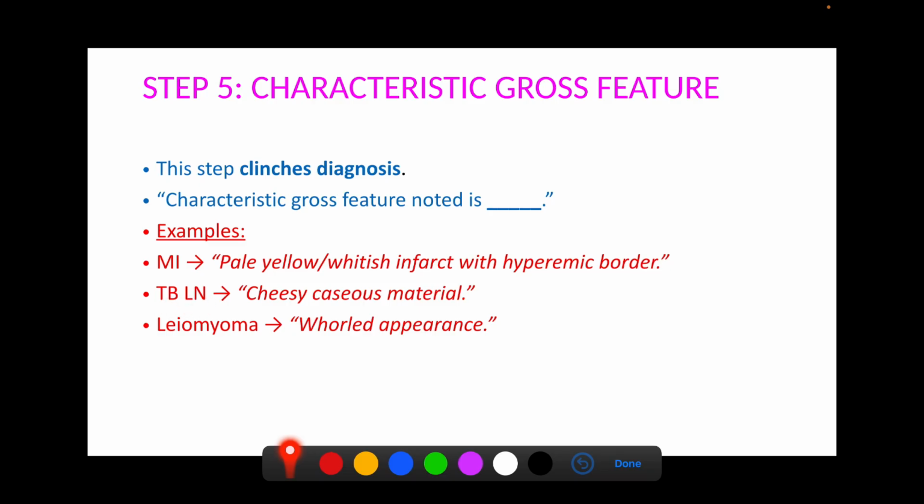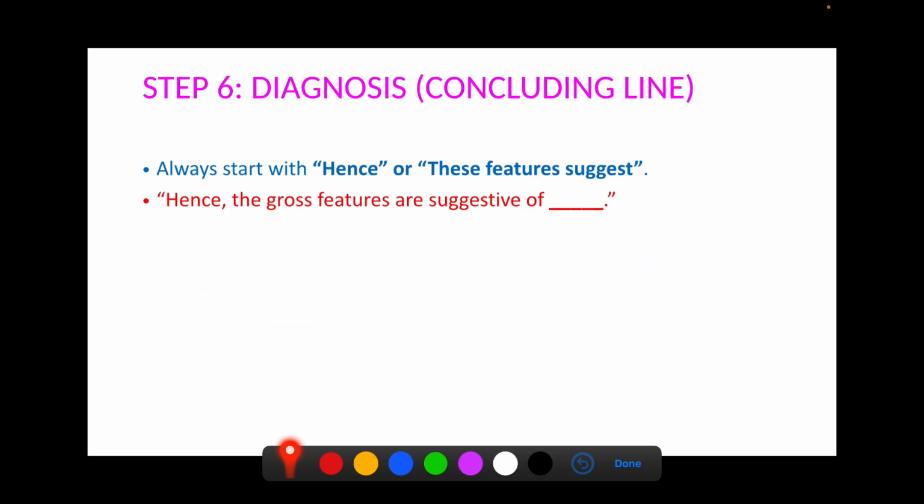Tuberculous lymph node is there, you will see cheesy caseous material. Like leiomyoma is there, you can say the whorled appearance. So this is the characteristic gross feature for any particular diagnosis.